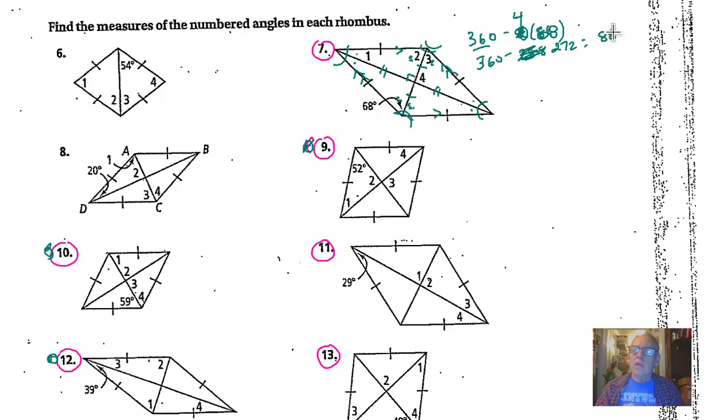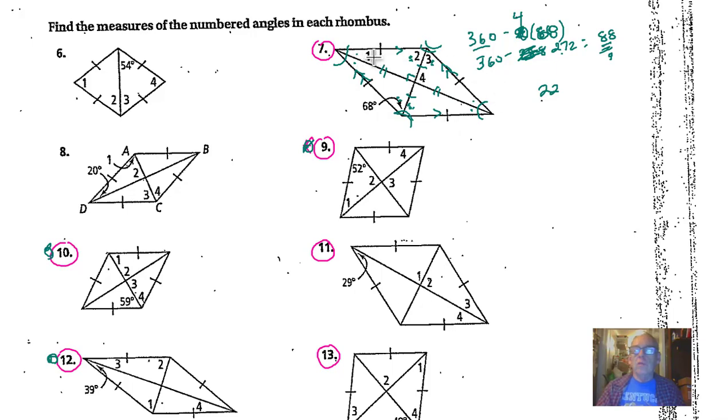Let's check this. Yeah, so it's going to be 88. So these four angles need to make up what's left of the 360, which is 88 degrees, after the four 68s suck up all the angles out of 360. 88's what's left over. There's four of them. Divide by 4. Each one of those angles is 22 degrees. Okay, so we found them all.